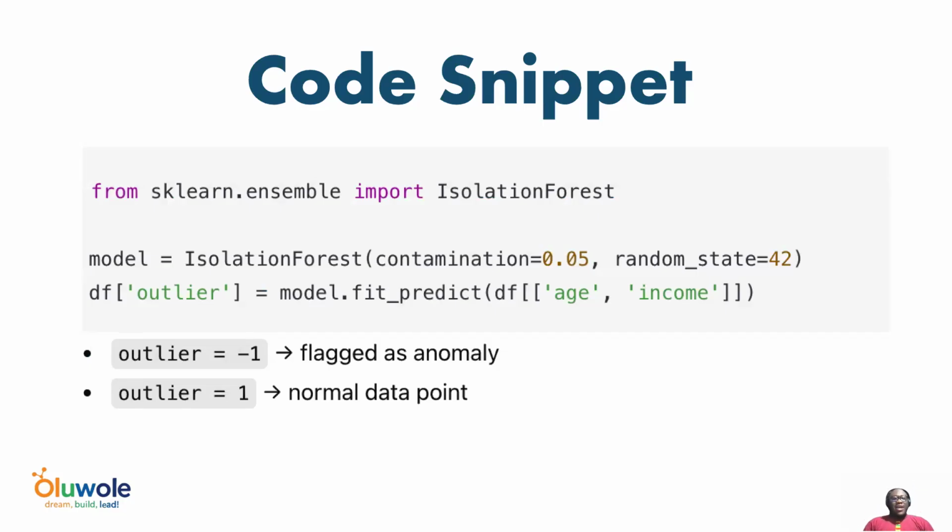If the outlier label is -1, it's flagged as an anomaly, but if it is equal to 1, then it's a normal data point. You can see these are mathematical things being converted into programming. We'll see how these things work out. I hope I'll be able to get data that we can use isolation forest for. If I can't, I'll create one so that in our practical class you can see that.